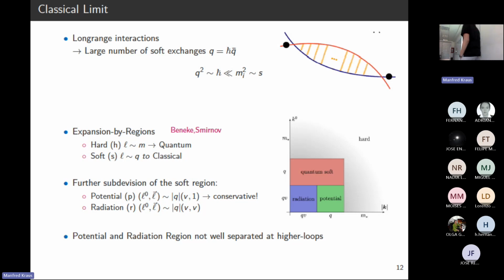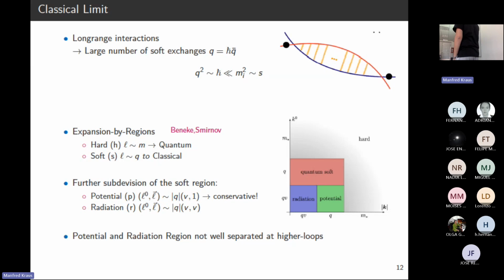So what we use is what's called expansion by regions, which tells us how to expand systematically in small h bar. In loop amplitudes, we essentially only take into account that the loop momenta are of the order of the exchange momenta, which are of the order of h bar.